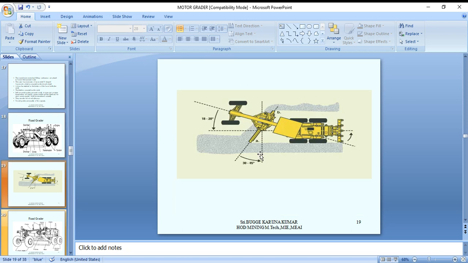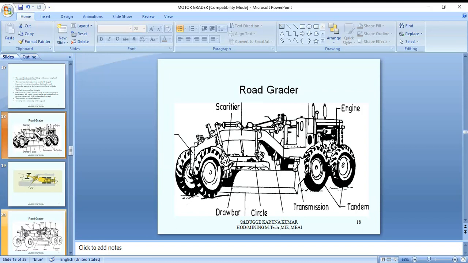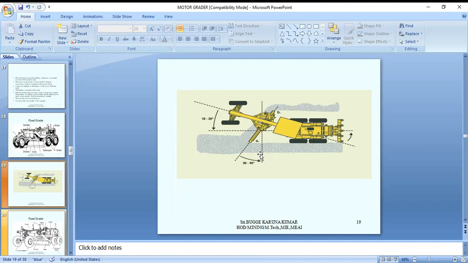This is the elevation, and this is the top view of the machine. The movement of the machine can be easily understood here. This is the tractor mounted engine. These are tandem wheels, and the complete engine movement or pushing happens here itself.